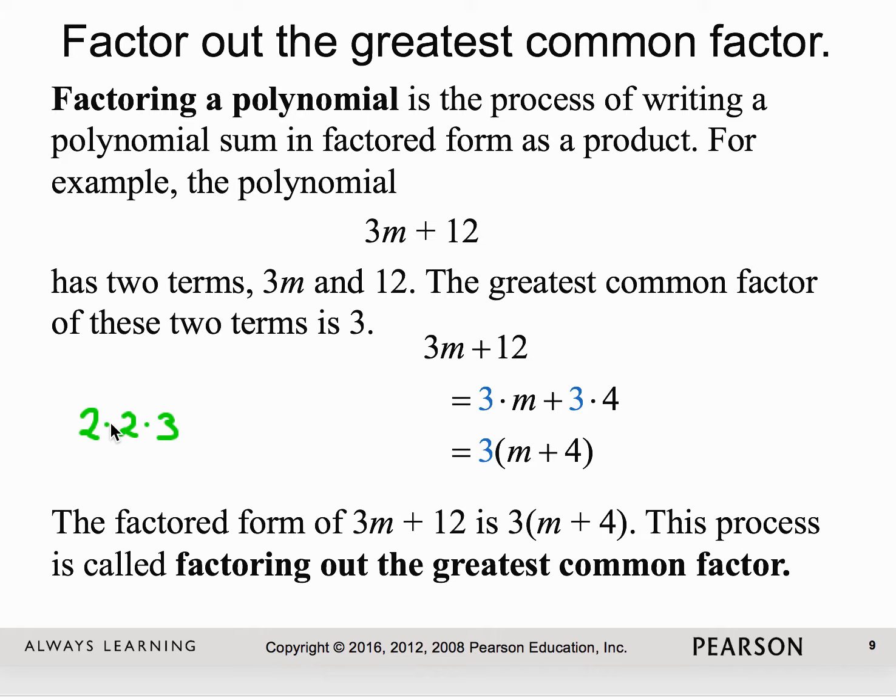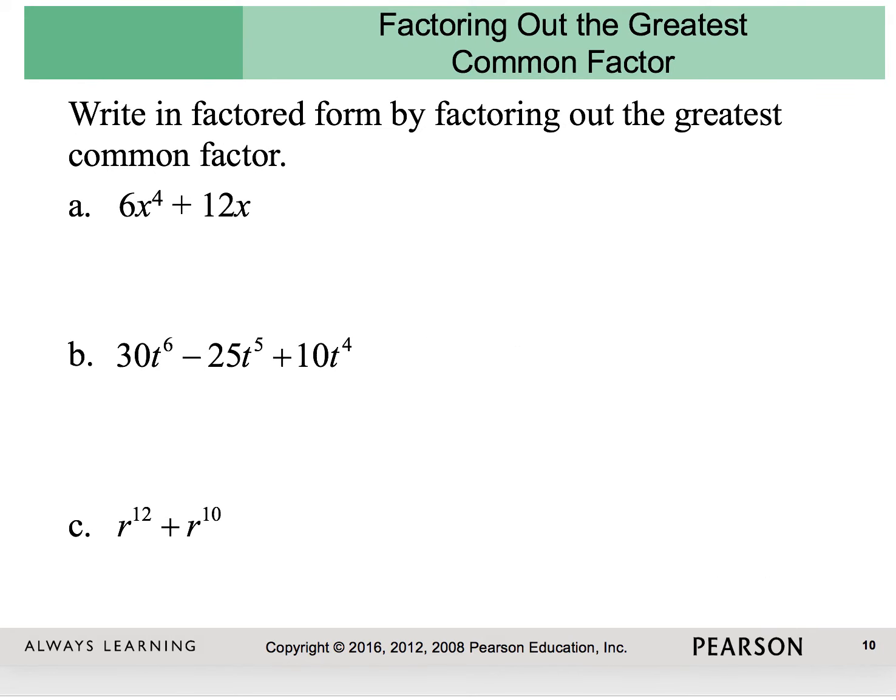So is it just asking you what's the greatest common factor, or write it as its factored form? Okay, so now it's asking us to write it as its factored form. So I got to pay attention to the two terms, and I'm looking for the greatest common factor of this term and this term. So let's do the numbers first and then the variables.